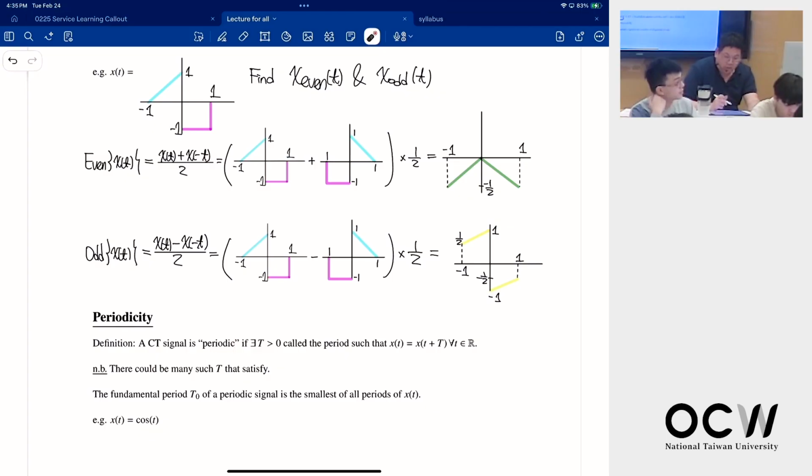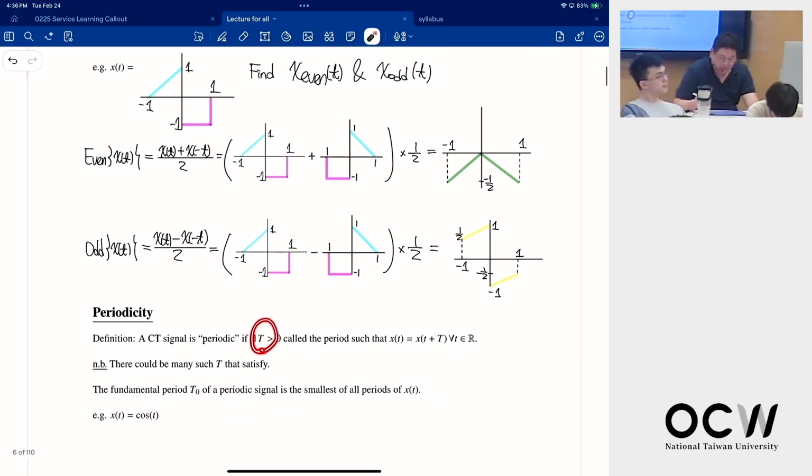We say that a continuous time signal is periodic if there exists a T, this T greater than 0, which we call the period, such that if I shift by this T, the shape is still the same as my original signal.